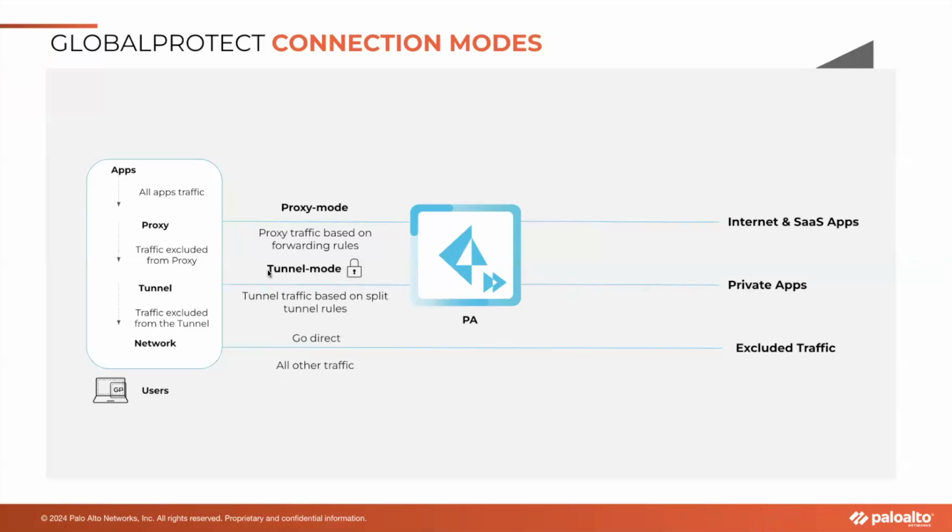So access to the private apps is provided through the tunnel mode, and any other traffic that is not included in the tunnel mode or the proxy mode goes through the direct internet connectivity, or the excluded traffic. So this is what we have introduced as part of the 6.2.